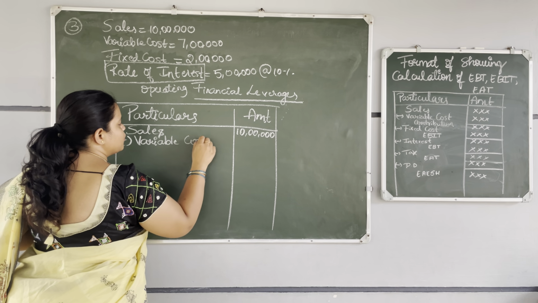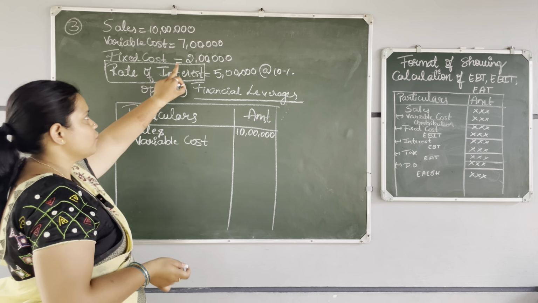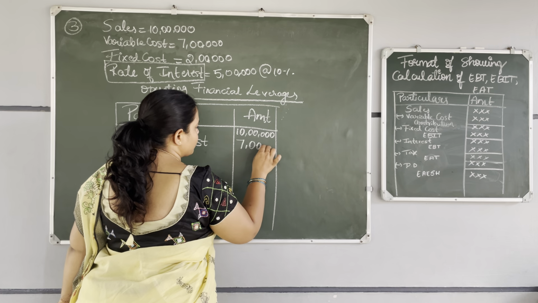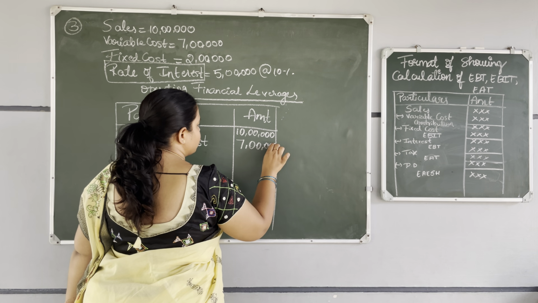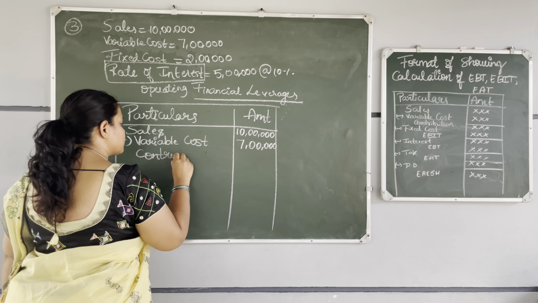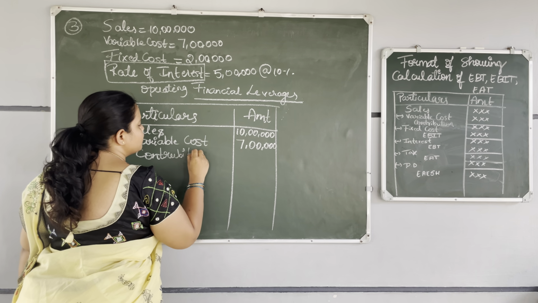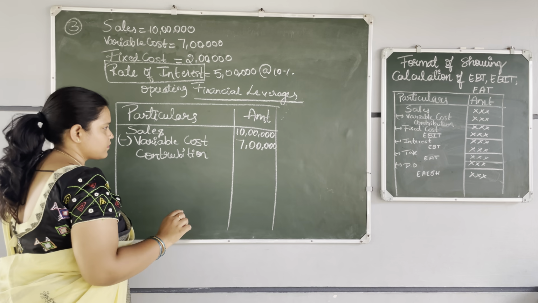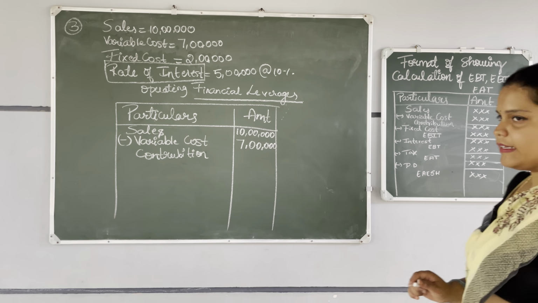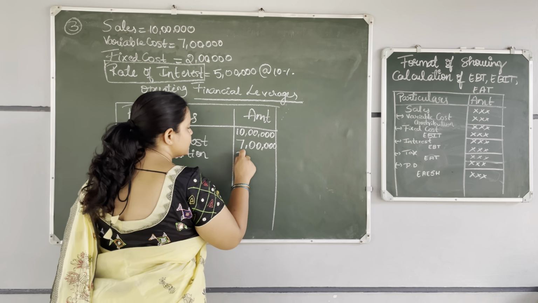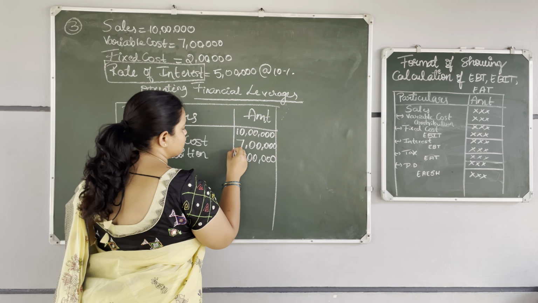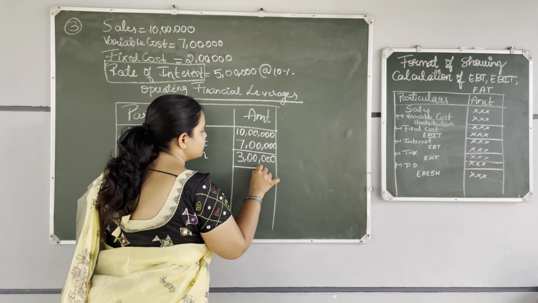Variable cost is 7 lakh. Contribution amount we will get is 3 lakh.